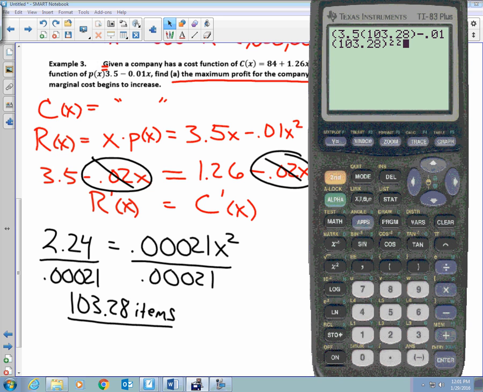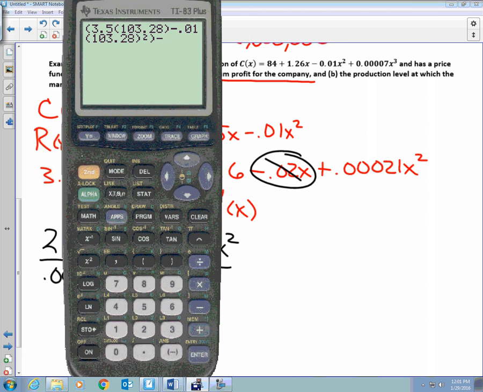So right now I have that's revenue of 103.28 that I've typed in. And then I subtract the cost function. So I'll now plug in the cost function. No, this is just R of X.